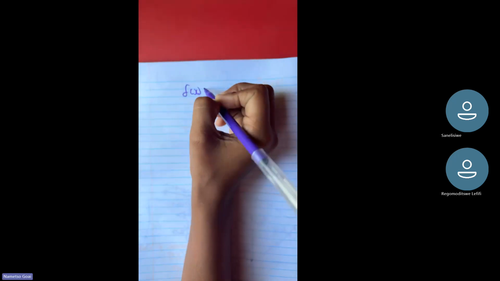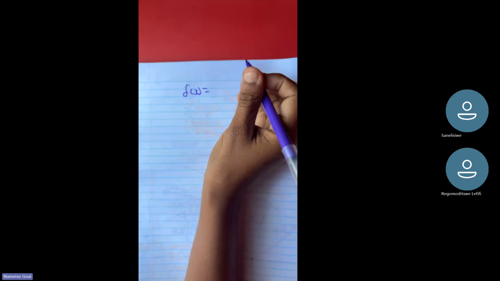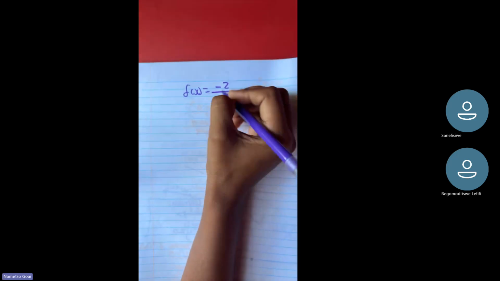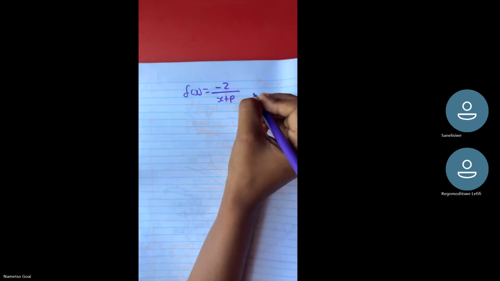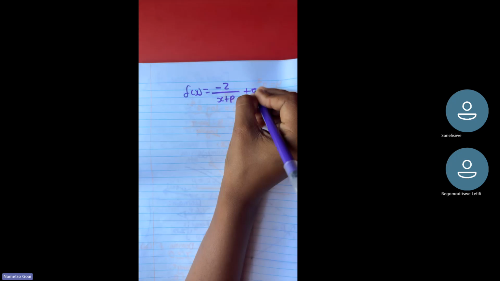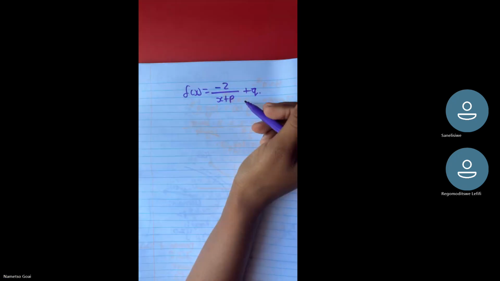Okay, fine. Before we even do that, let's identify the type of function that we have over here. That will be a hyperbola. That function, the f of x, can you guys see it? It's negative 2 all over x plus p, plus q. This is a hyperbola, right?